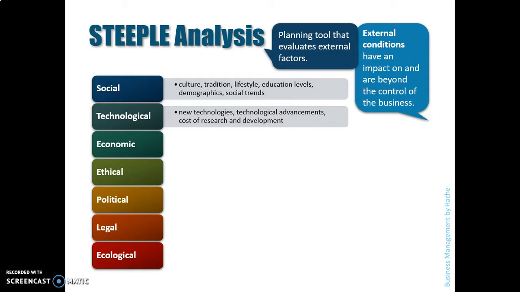Something we have to consider also here is the cost of research and the cost of development of these technological advancements or new technologies, because obviously they will affect the economy of the business. So these are also external factors we have to always be attentive to, in order to not just compete properly, but stay updated and give the best.